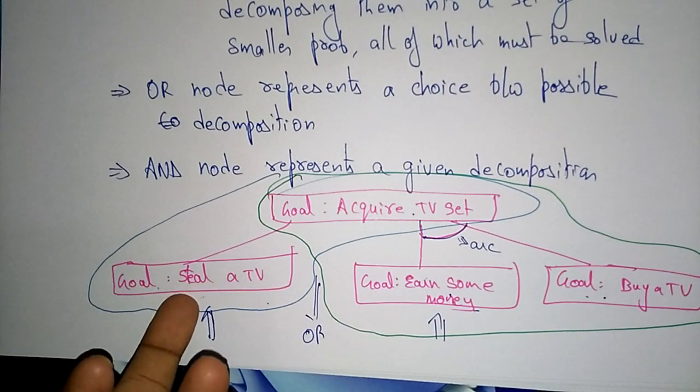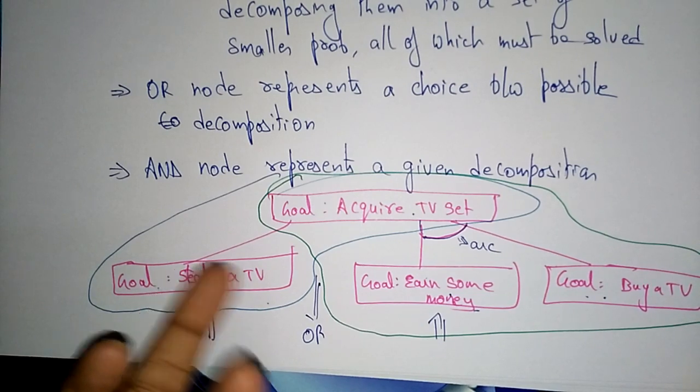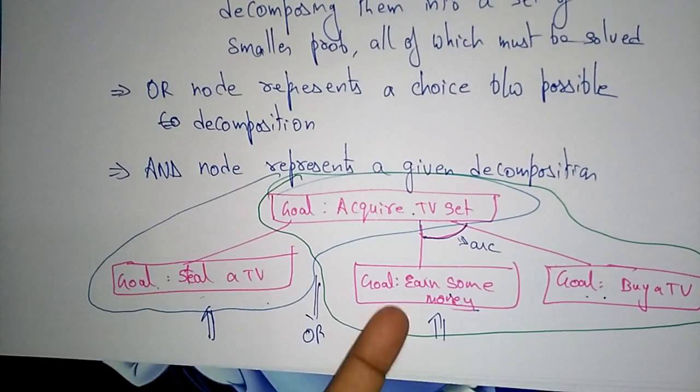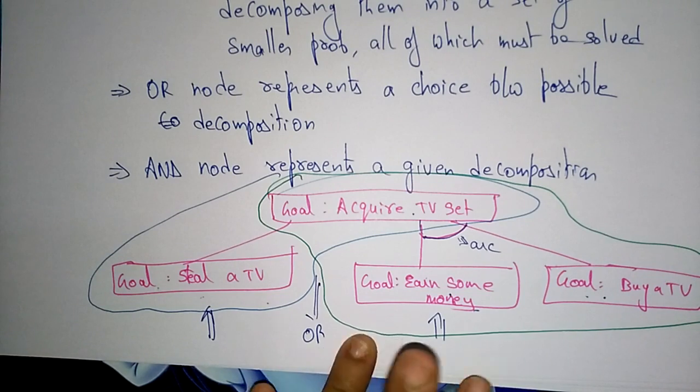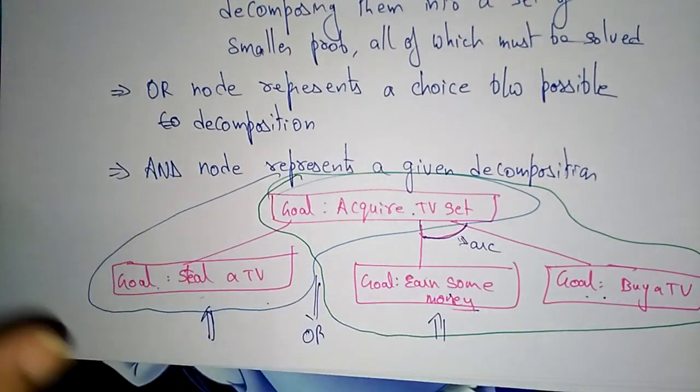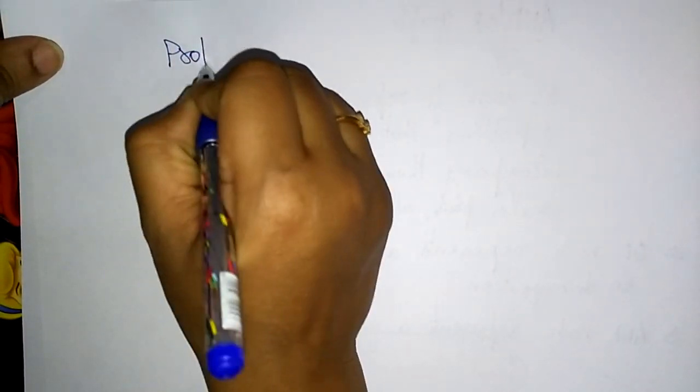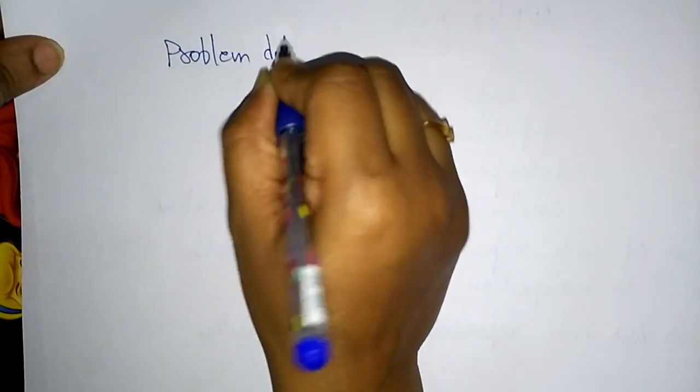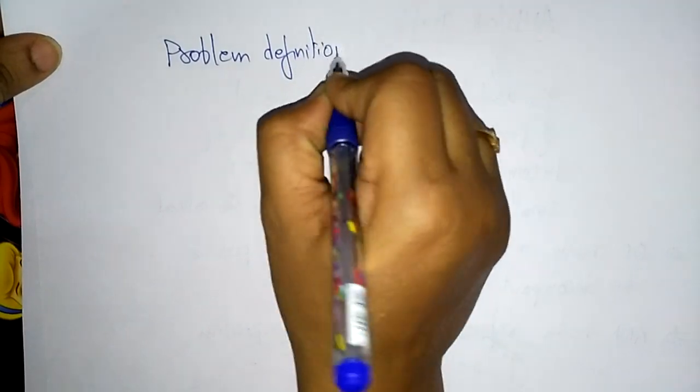Suppose you get less cost for this, you go for this, or else if you get less cost for this, you go for this. For AND you have to work on both of these, then only will you solve that problem. So let me write the problem definition for AND or graph.